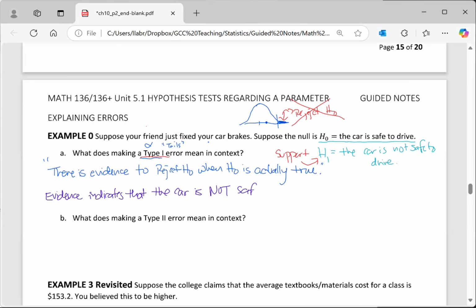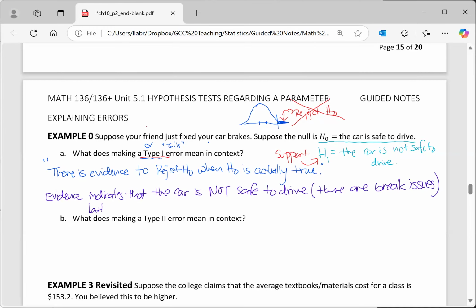So again, this is supporting H1. So there's an issue with the brakes. But remember, this is a mistake. The evidence tells me reject H0, but in reality, the car is actually safe to drive.